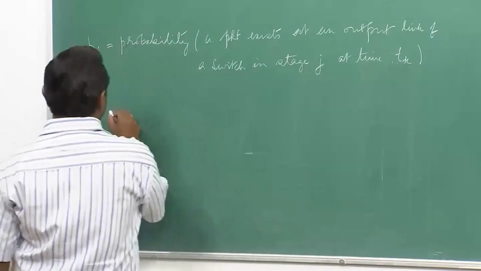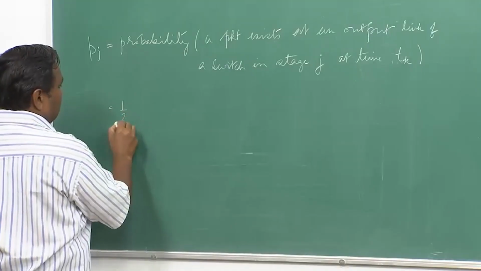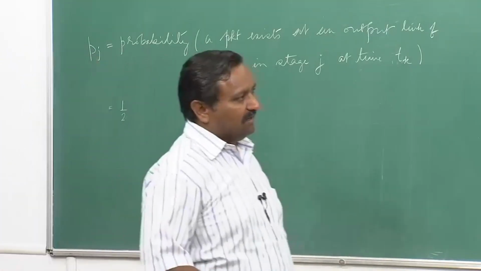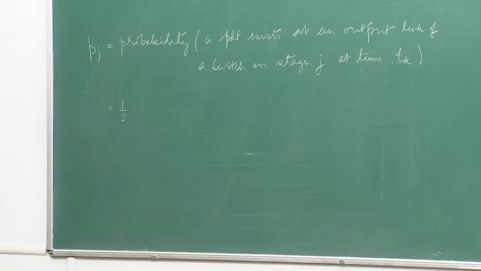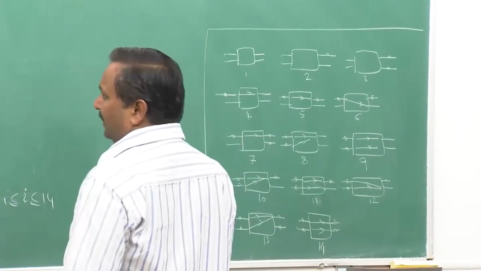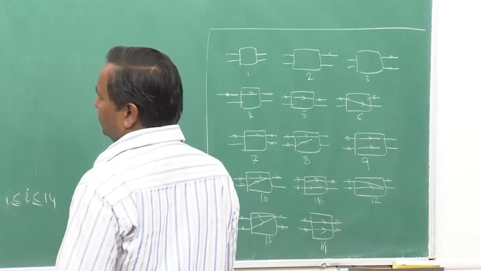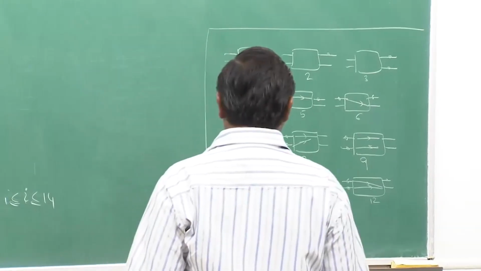So, this value will be nothing but, basically I will just look at what are the state probabilities at time in step 0 basically.